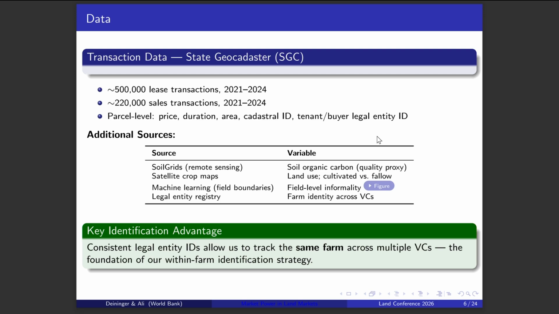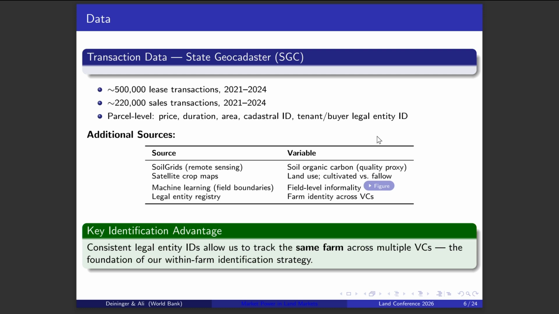So our core data source is the state geocadastre, Ukraine's official land registry. We have, as I mentioned earlier, more than 500,000 lease transactions and more than 200,000 sales transactions spanning 2021 to 2024 at the parcel level, with information on price, duration, area, cadastral ID, and legal entity ID of the tenant or buyer.